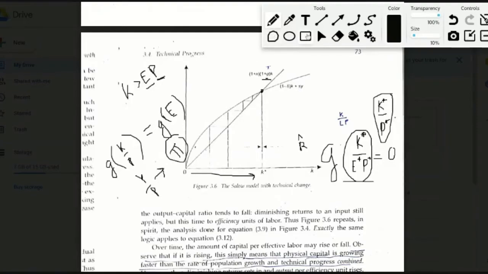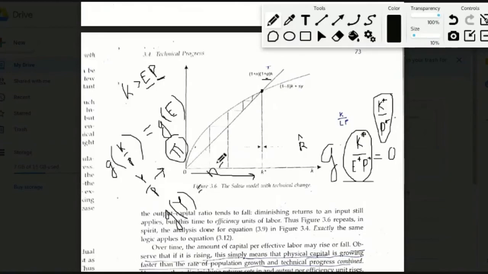So the interpretation here is that the steady state stock of capital per efficiency unit of labor will face no long run growth rate, but capital per capita will witness a change in the growth rate, which will be now represented by pi. The growth rate of total output, which was earlier equal to the growth rate of population, will now increase and it will become n plus pi.